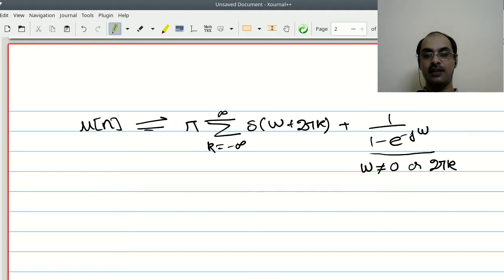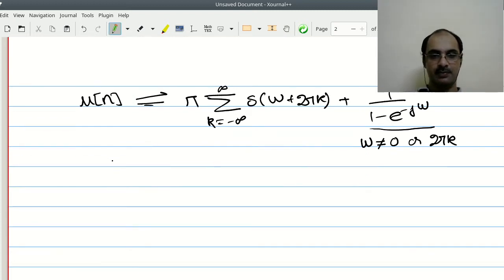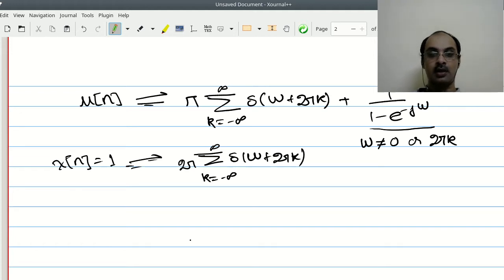The all one sequence has DTFT summation k runs from minus infinity to infinity, 2 pi delta of omega plus 2 pi k. Now first let's understand why this is the case.